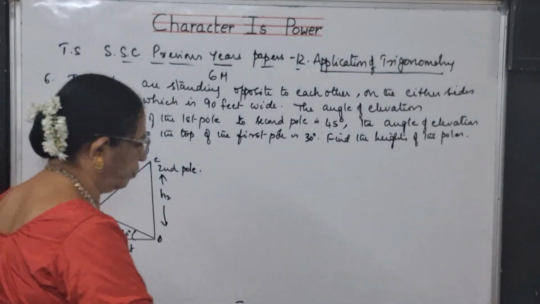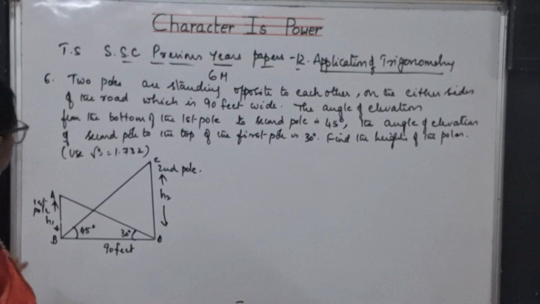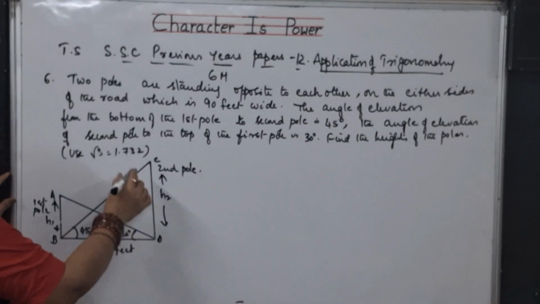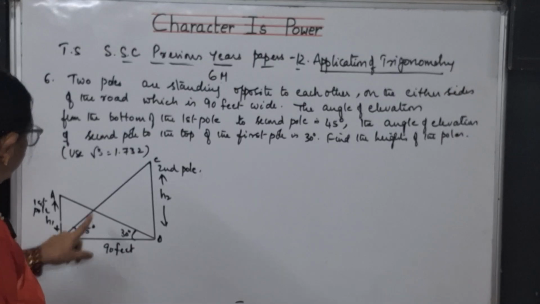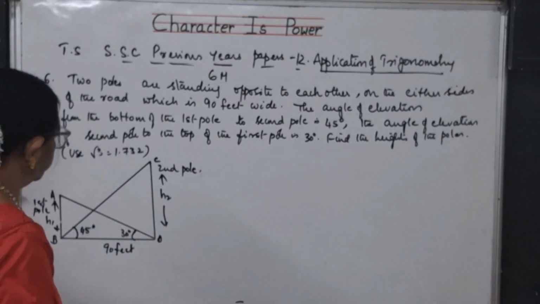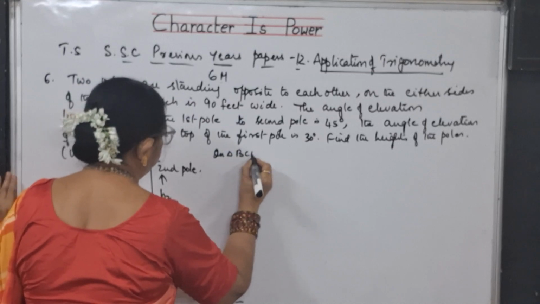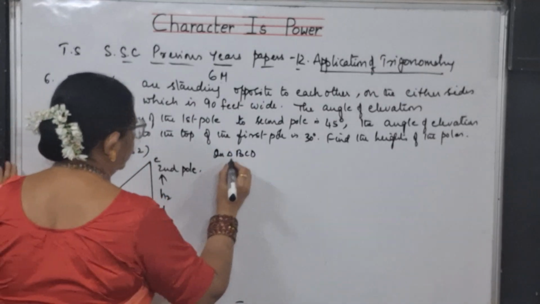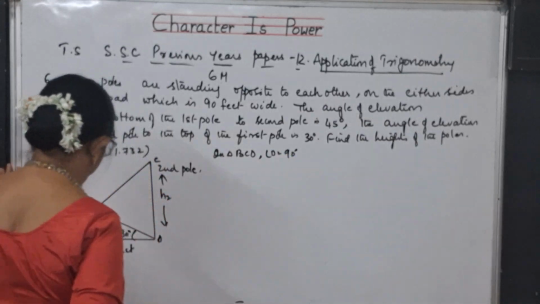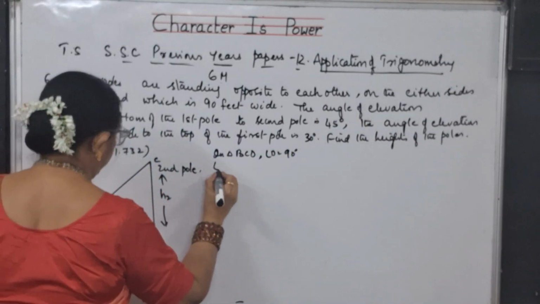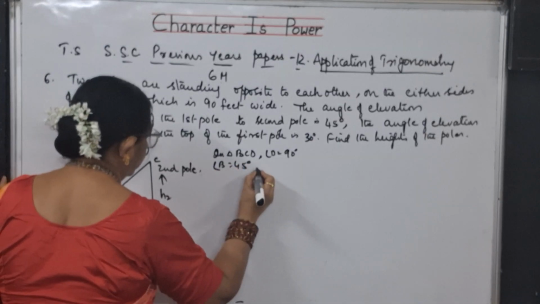Now you need to find out the heights of the two poles, H1 and H2. Now let me take triangle BCD. In triangle BCD, angle D is equal to 90 degrees. Angle B is given as 45 degrees.